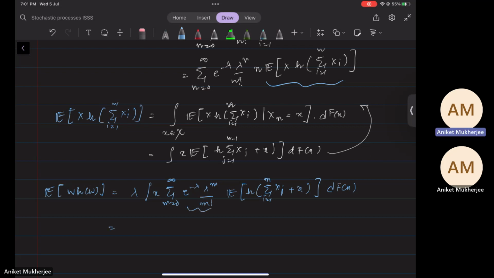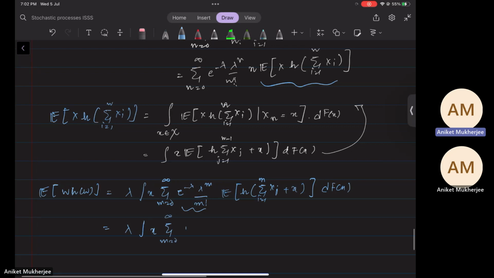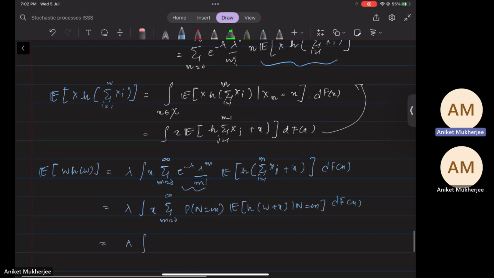So now this is the probability that n, the number of, this is a Poisson distribution for n equal to m. So we have lambda integral x summation m equal to 0 to infinity probability that n equal to m, and this is the term that expectation h of w plus x conditioned on n equal to m, dFx. Now we have lambda integral x.